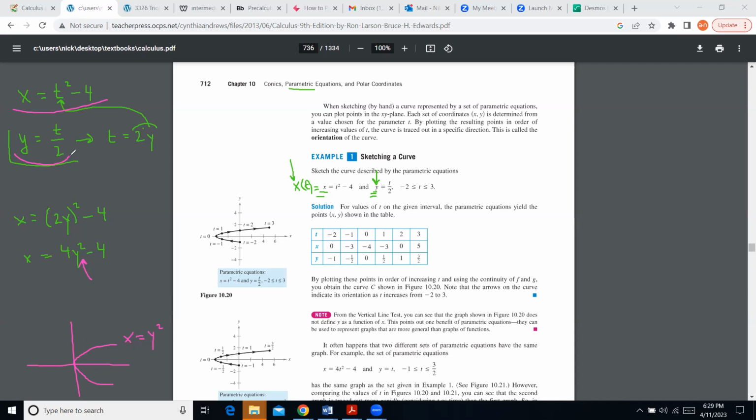And I see that they also restricted your values. They said that parameter varies from -2 to +3, so they didn't take this entire relation, but they got just a part of it that started someplace and then ended at some place as well. Why would they do this?